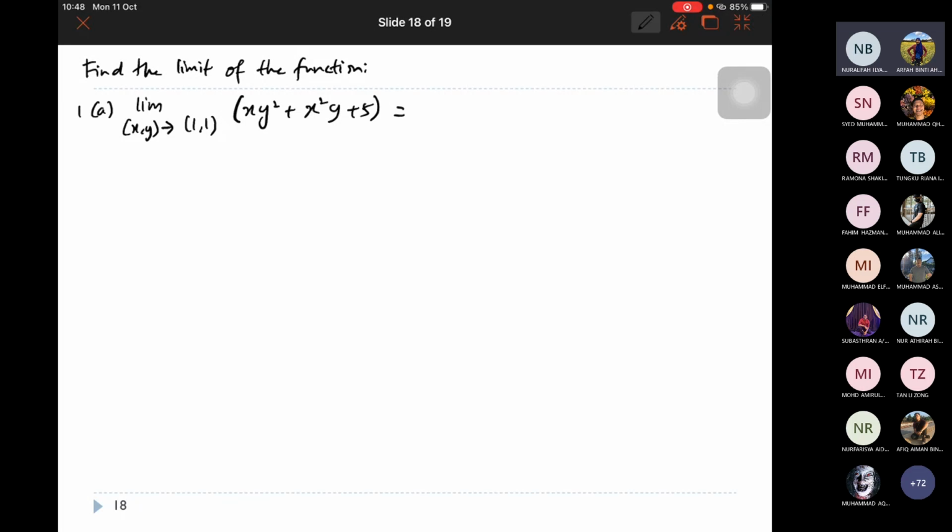Dapat berapa? So dia tak kata check limit to exist or not. So dia suruh just find the value of the limit. So substitute in here: 1 darab 1 kuasa 2 tambah 1 squared darab 1 tambah 5. So you get this one equal to 5. That is the first question.